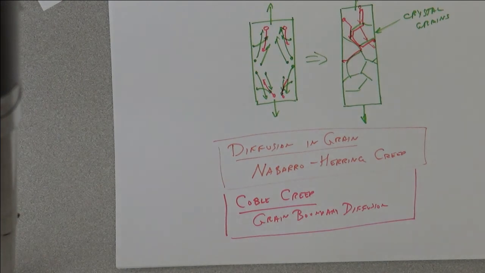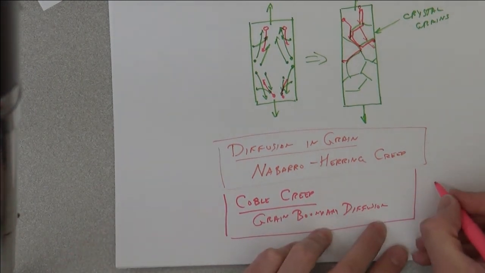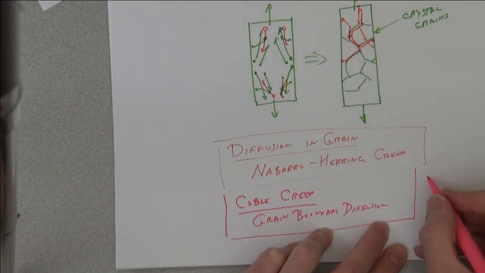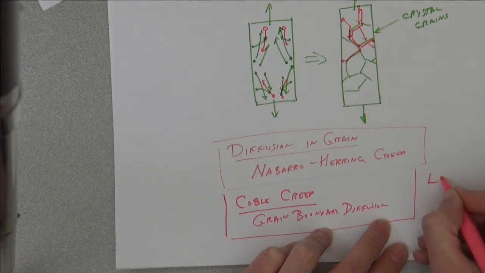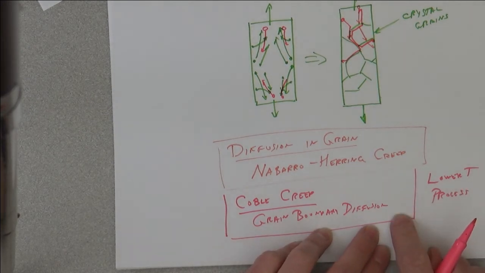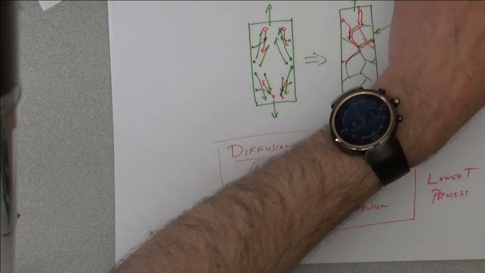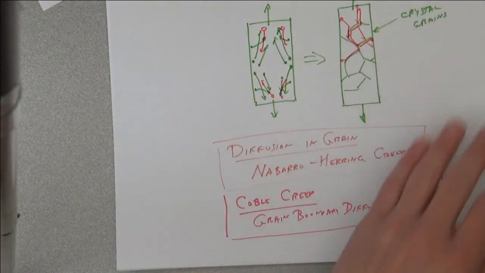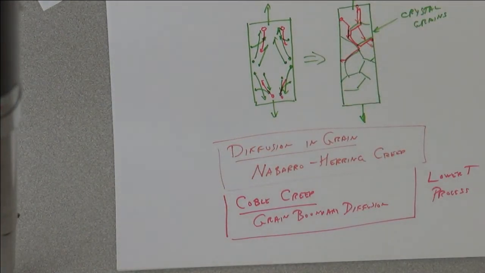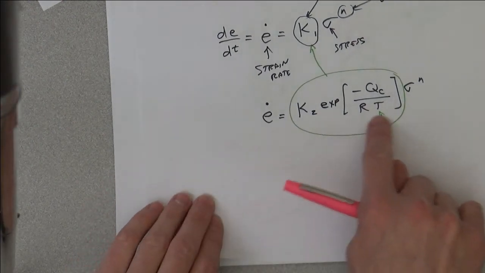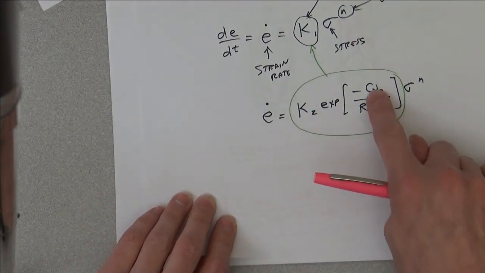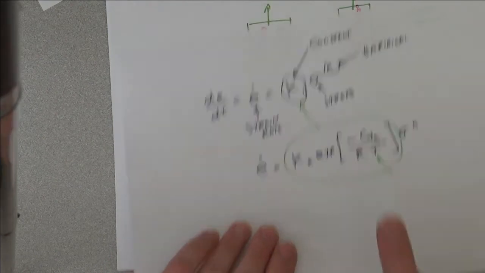Now, naturally, this is typically a lower temperature process, because the energy barrier is lower, so our Arrhenius expression that we had for the activation is going to be smaller, and it'll be faster.